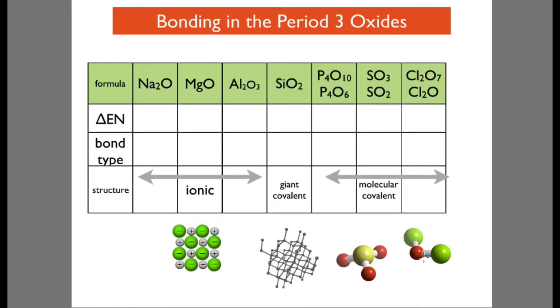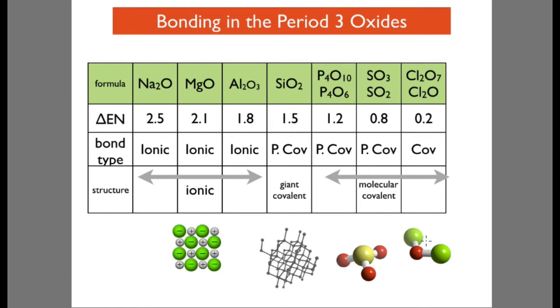Can you attempt to fill this in, please? This shows the bonding in the period 3 oxides. Press pause and complete it. Okay. Did you get it right? Of course you did. You can see here that the first 3 things that you think of as a metal, sodium, magnesium, aluminium, are all ionic.